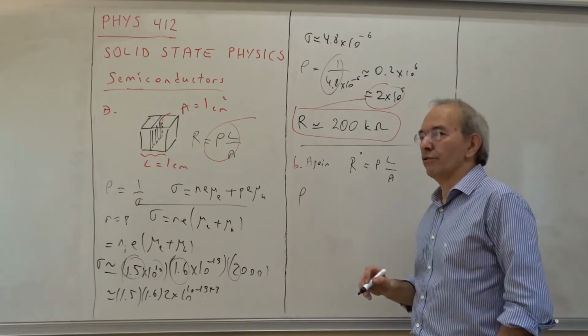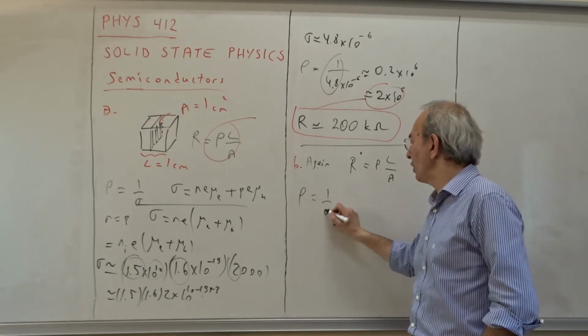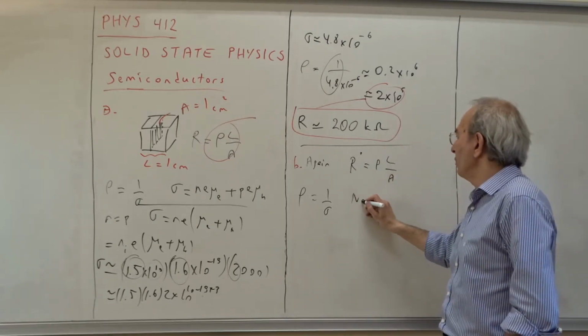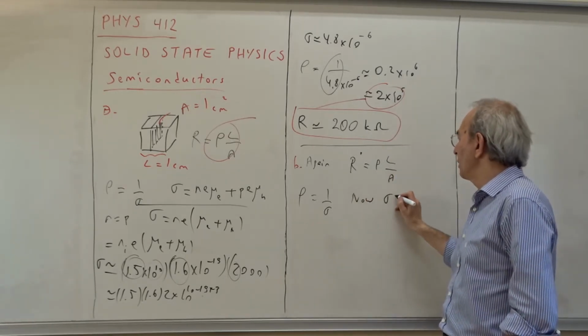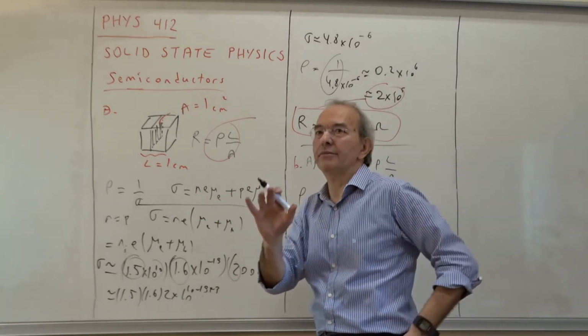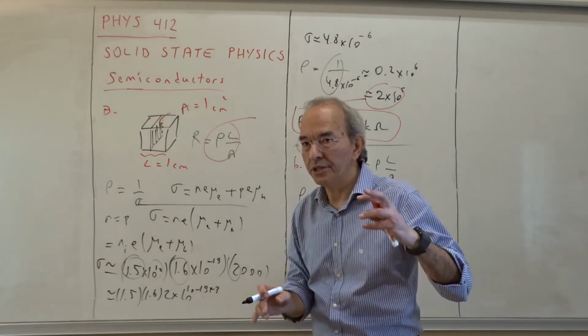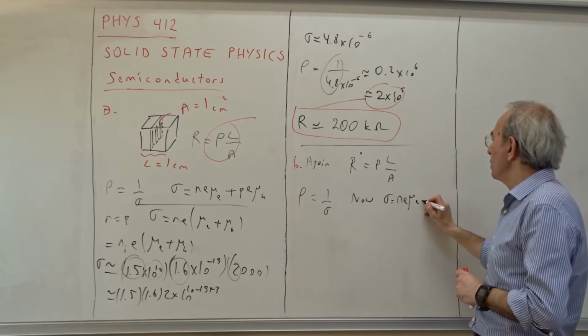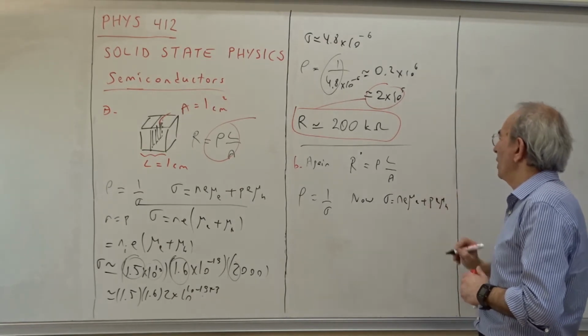But what is rho now? Rho is equal to 1 over sigma. Sure. But what is sigma? Now, sigma is equal to the sum of these two terms at first sight. But one of them will disappear soon. So it is N e mu_e plus P e mu_h.